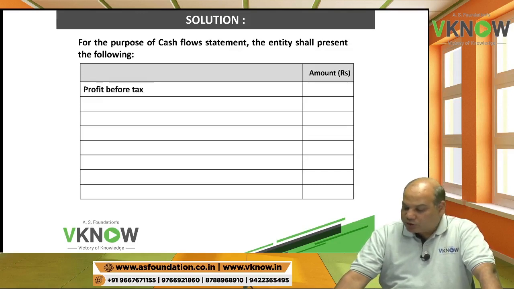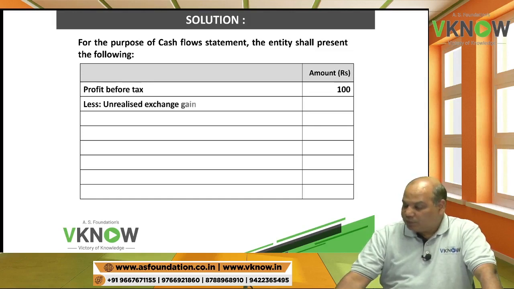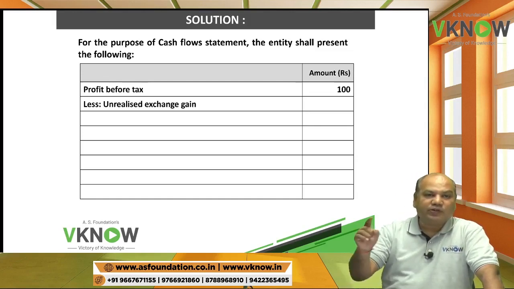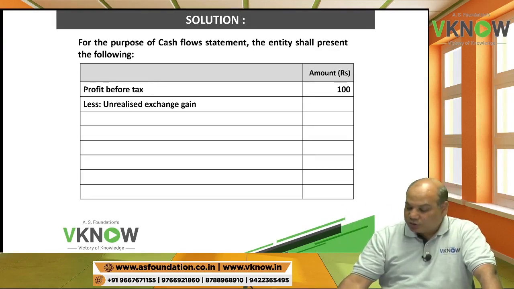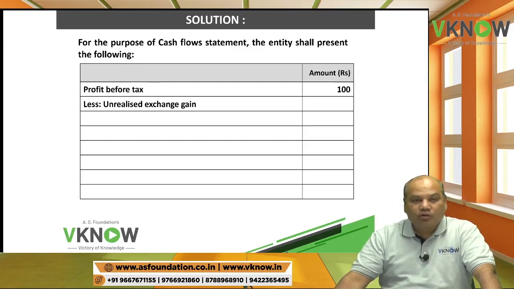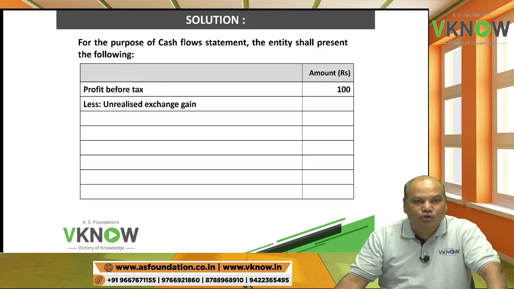Now in this question, as given in the problem, profit before tax is 100, because we have passed the entry bank account debit to exchange difference account, less unrealized gain. Unrealized gain will be eliminated. In this example, the unrealized gain is related to cash and cash equivalent.